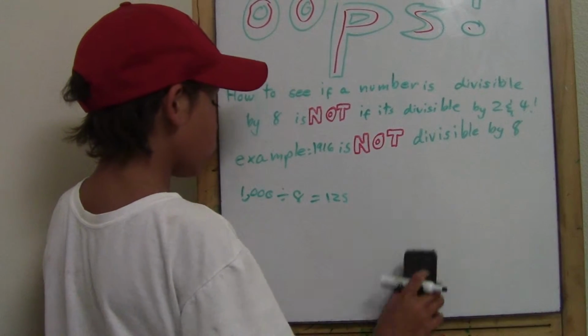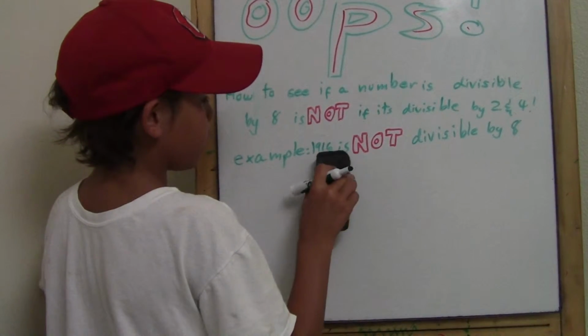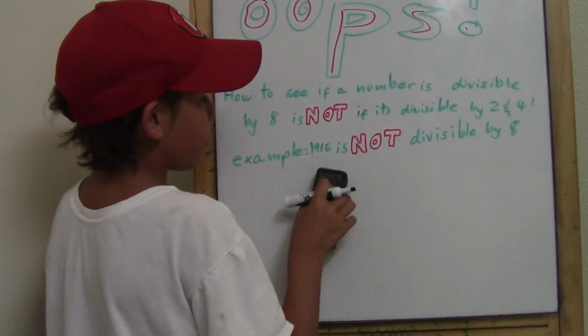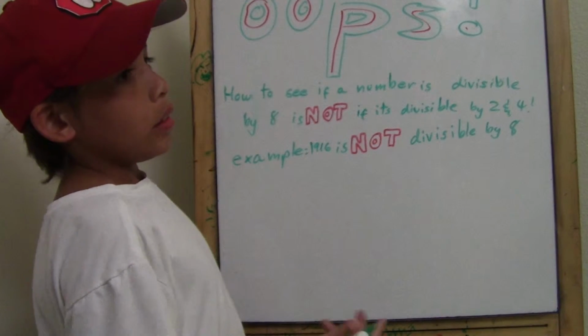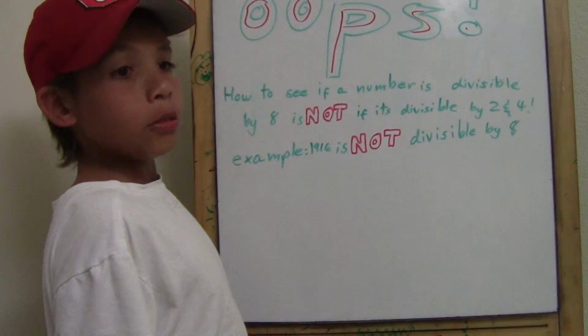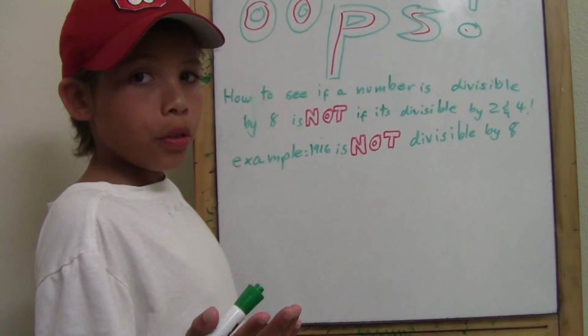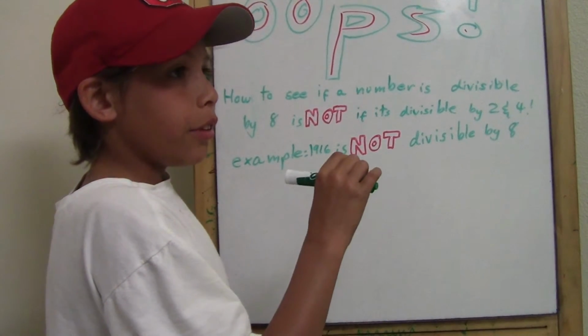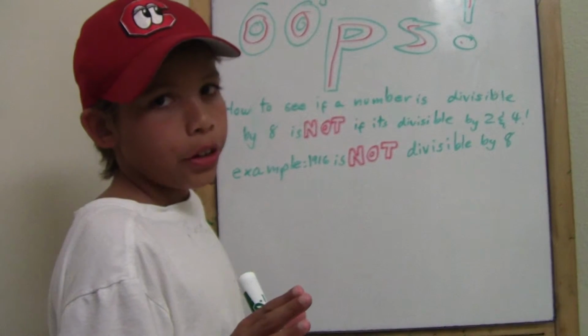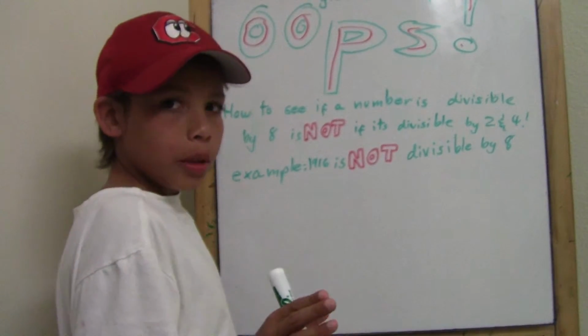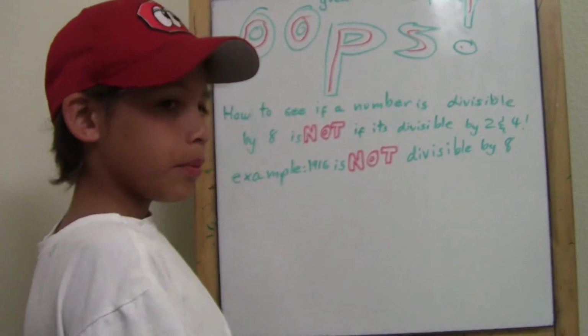So basically all you're looking at is the last 3 digits. Anything under 1,000 is the real problem we're looking for. Still with me?